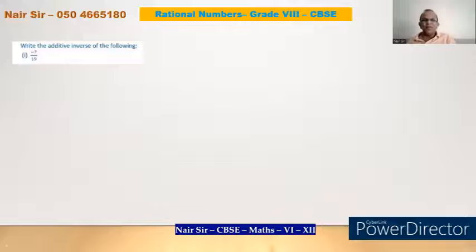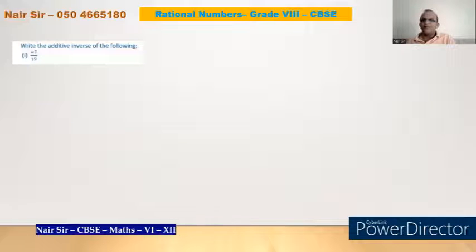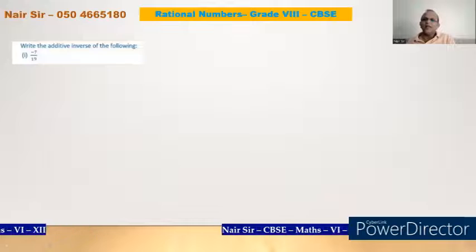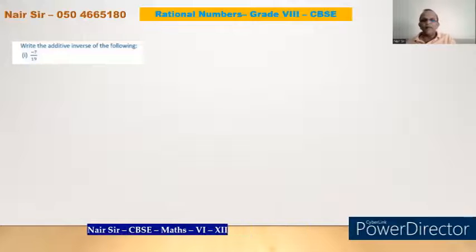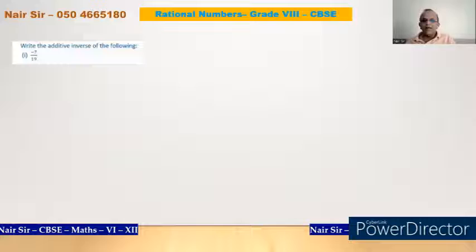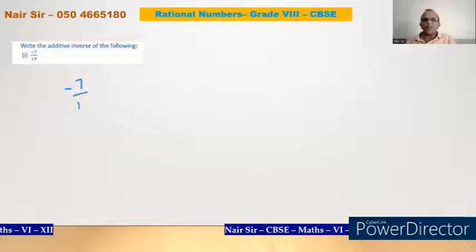Write the additive inverse. Minus 7 upon 19. It is minus 7 upon 19. What is minus of this? Simple.